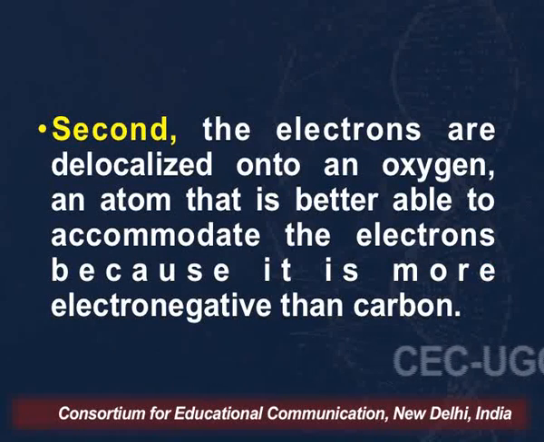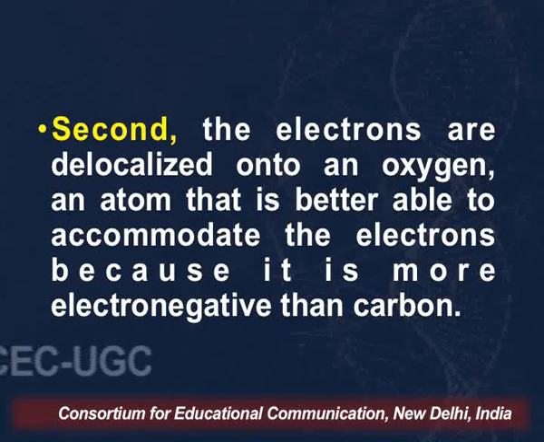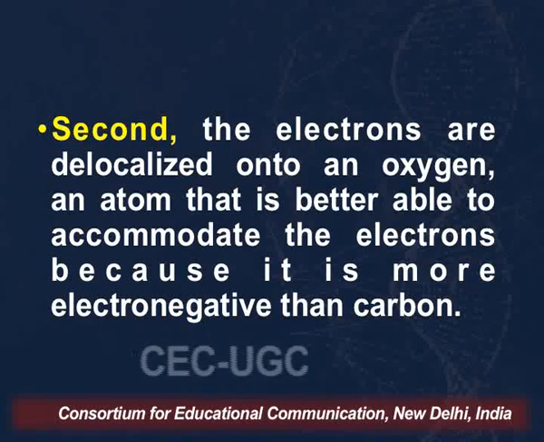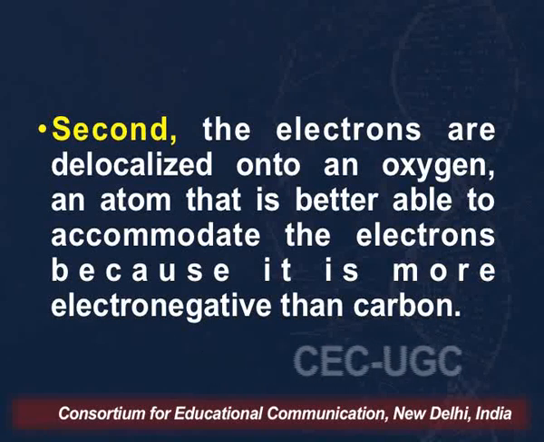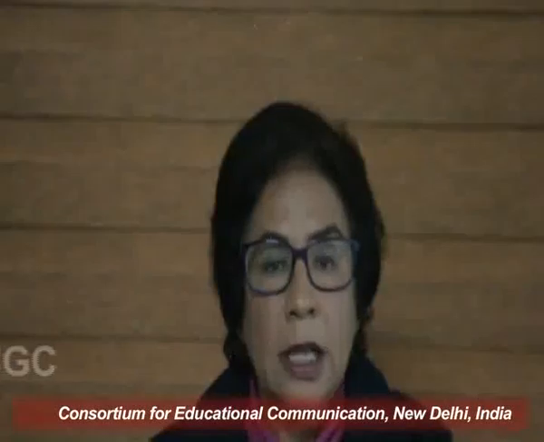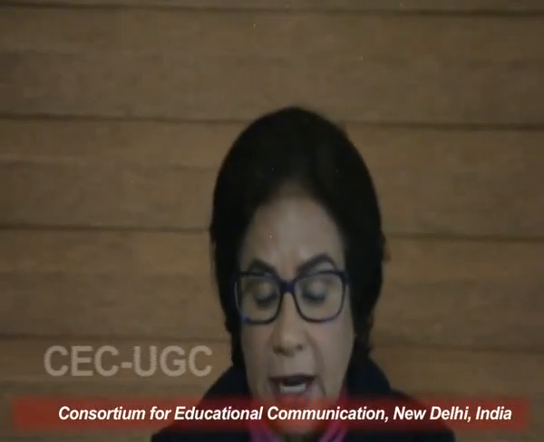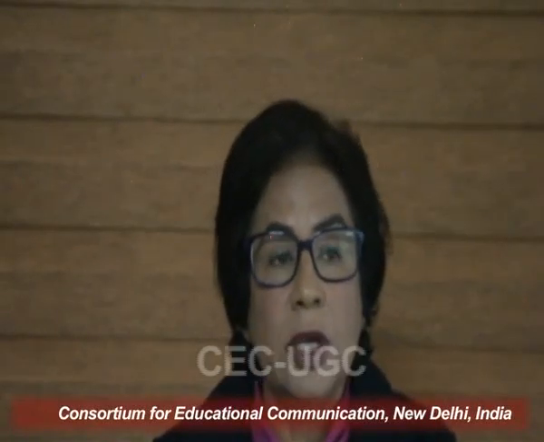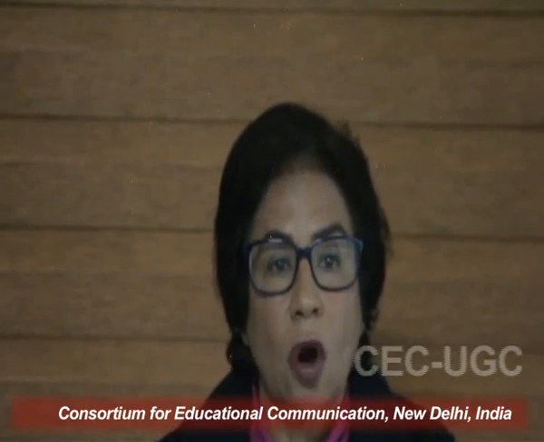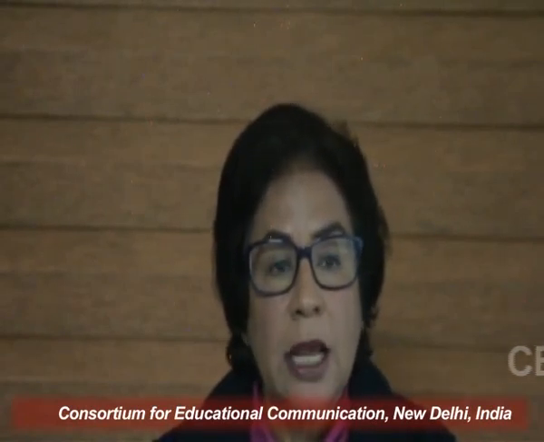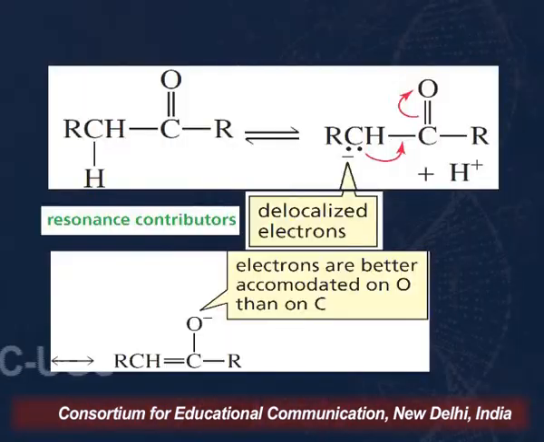And we know oxygen is more electronegative than carbon. Since oxygen is more electronegative than carbon, it is able to accommodate the electrons much better. Therefore, we find that the carbanion which is formed after the removal of alpha hydrogen is resonance stabilized.